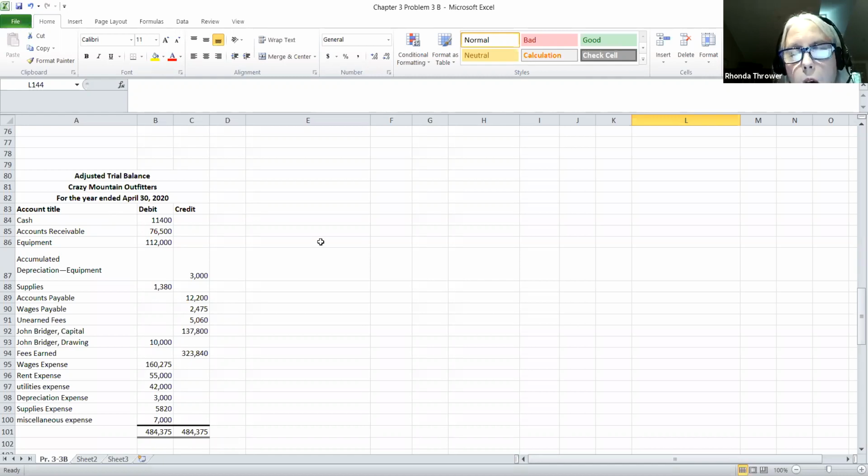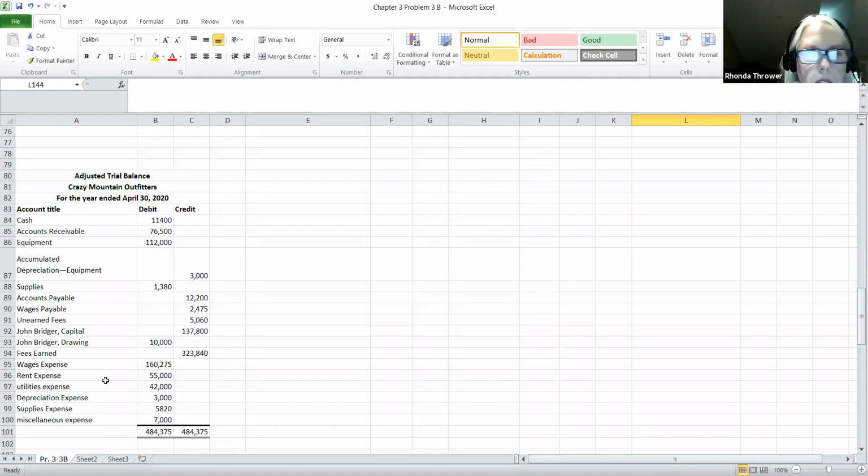Once we post the adjusting entries, the ledger accounts will reflect new balances that will go on the adjusted trial balance. So I prepared an adjusted trial balance for you because you need to know how to do this, especially in the next chapter.